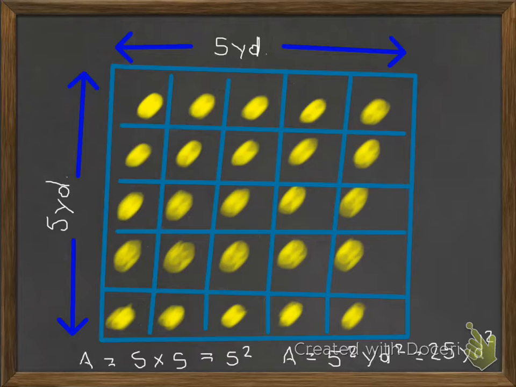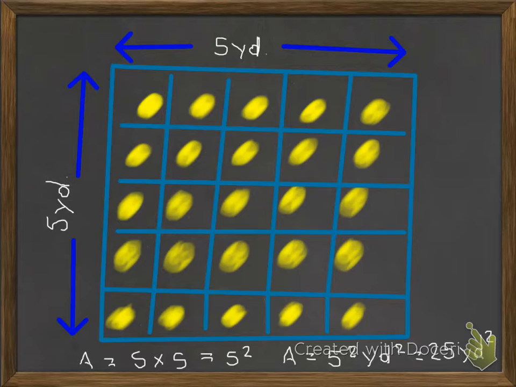Because remember, multiplication is just repeated addition. So we have 5 rows 5 times. 5 times 5 gives us 25 of these square yards, of these square tiles, which means, in other words, that the area of that space is 25 square yards.